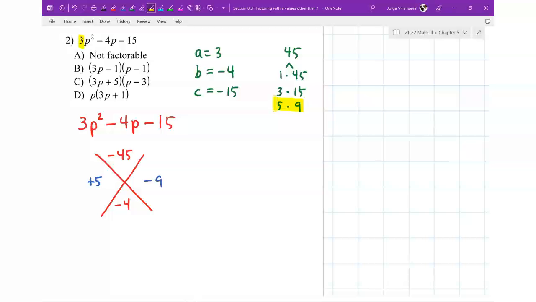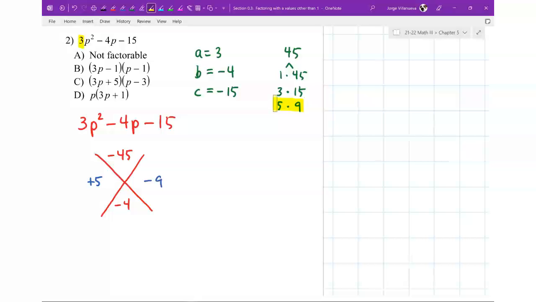Okay? The only bad thing about it is that it lists them in a line instead of in pairs. So you have to pair them up yourself later. But not a big deal. They did the hard part for me. I could figure out the pairs. So I prefer doing it like this. I put them in pairs, 1 and 45, 3 times 15, right? That way I know which ones go together.